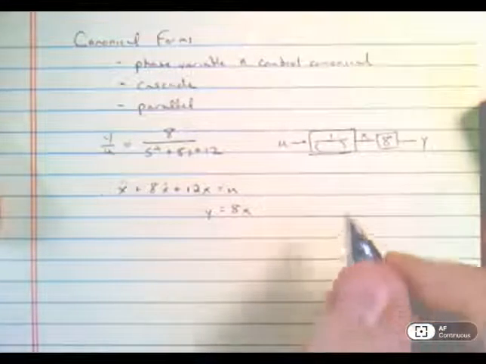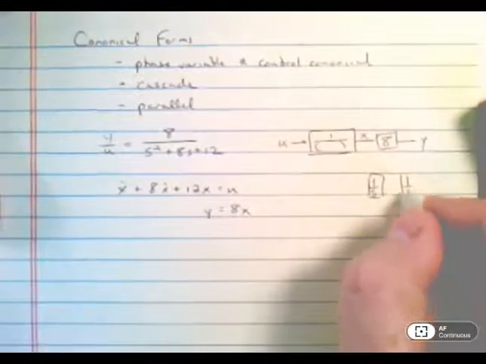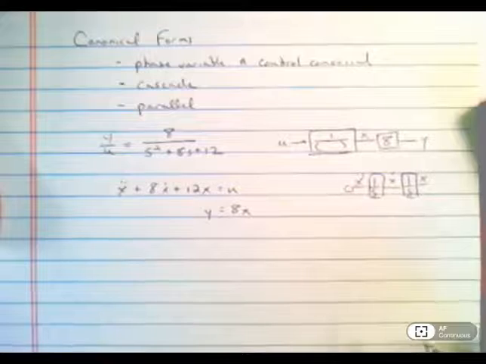So when I build that, I'll wind up with two 1 over s blocks, and I have an x dot, an x double dot. I'll put in my summation node.